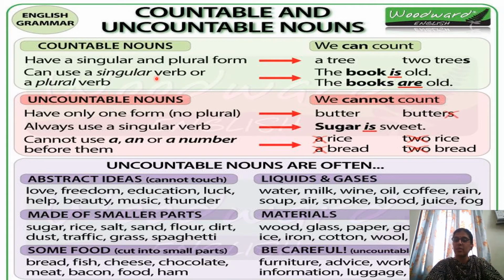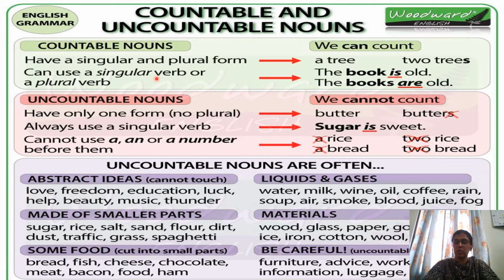Am, is, are, was, were. They are singular and plural verbs, right? So they can use a singular verb and a plural verb. Here the book is old. The books are old. So countable nouns are not only countable, they also use the verbs as singular or plural. If it is a singular noun, it uses a singular verb. If it is a plural noun, it uses a plural verb.